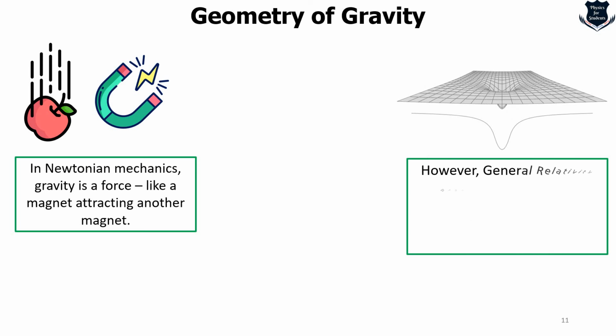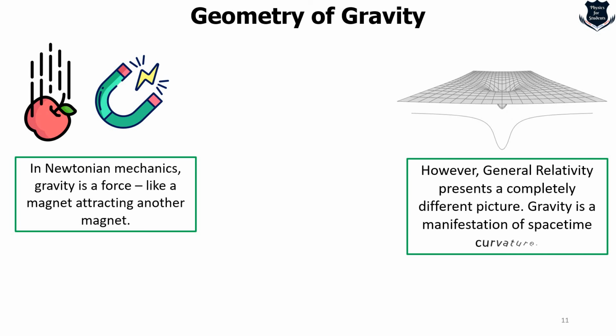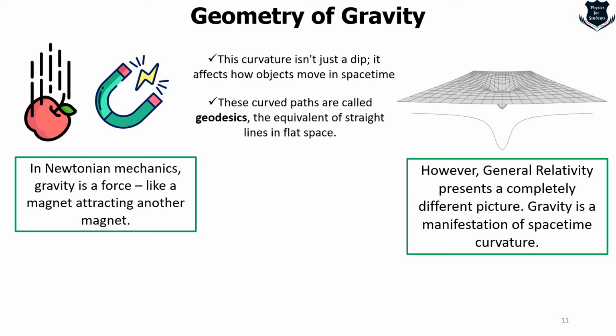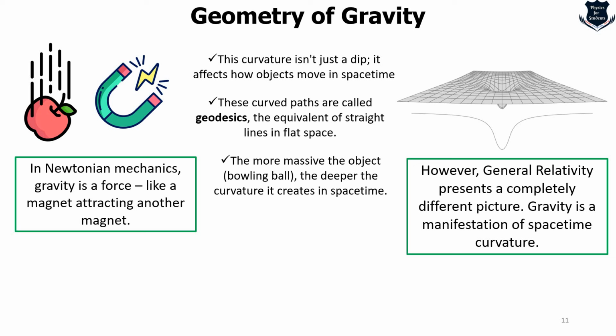But general relativity presents a completely different picture, because gravity is a manifestation of space-time curvature, which affects how objects move in space-time. These paths are technically called geodesics. For the time being, you can just understand this as a generalization of a straight line.